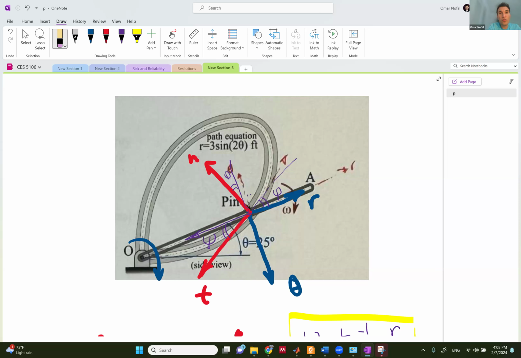And if you want to map the XY axes, this is X and this is Y, and this angle is still theta. So I mapped the whole Cartesian, the polar, and the tangent-normal coordinate system. All right. Yeah.